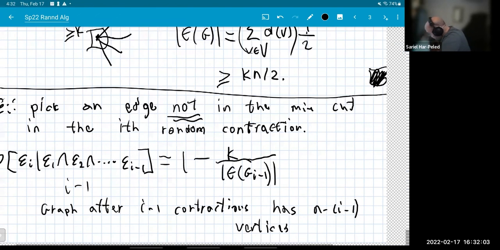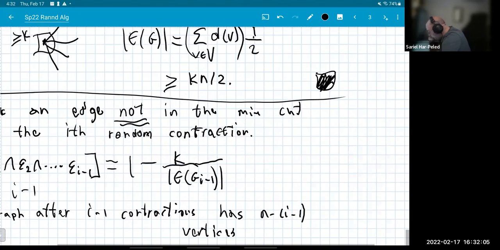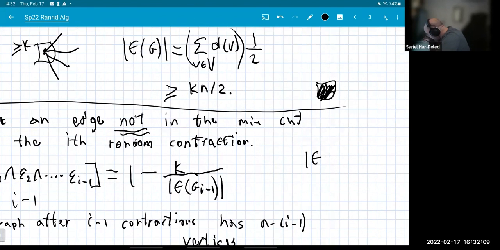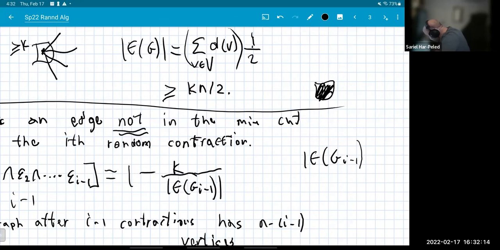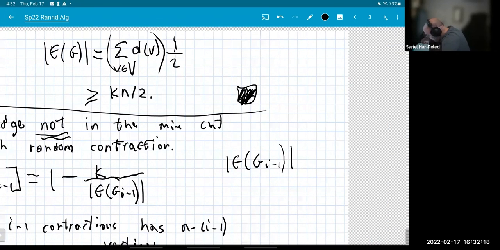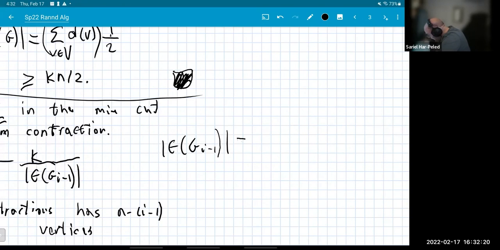Now, by the lemma above, the number of edges of G_{i-1} is at least k times (n minus i plus 1) divided by 2.